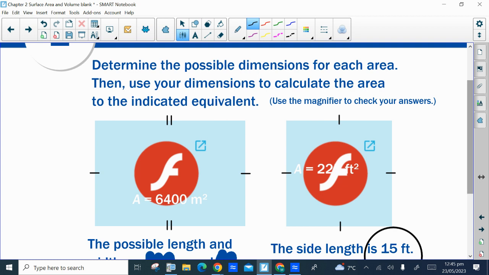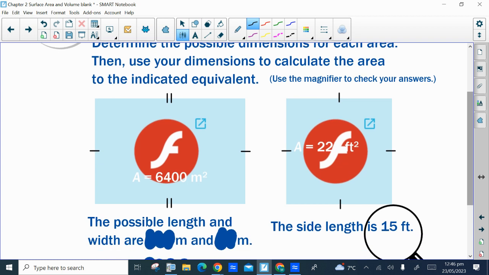So you need to find two numbers that multiply together to get 6,400, and they should be fairly close together, because you could say one possible set of numbers might be 1 meter by 6,400 meters. They multiply to get 6,400 meters squared, but that would mean that one dimension is way bigger than the other. You could say it's 2 times 3,200, but again, one dimension is way bigger than the other.